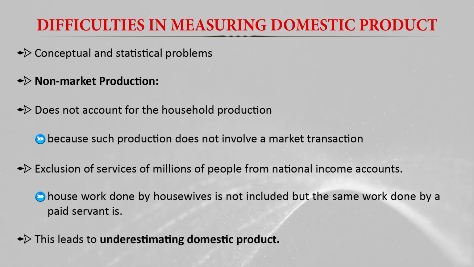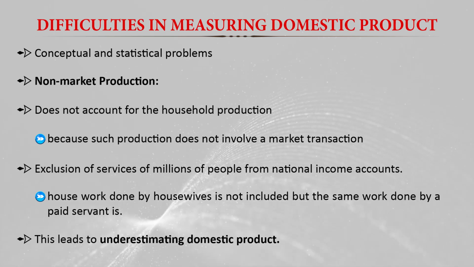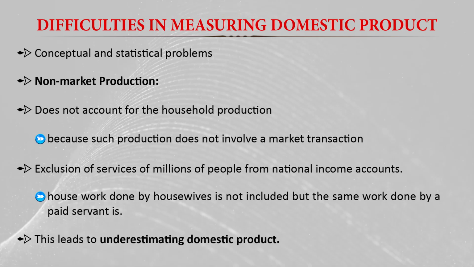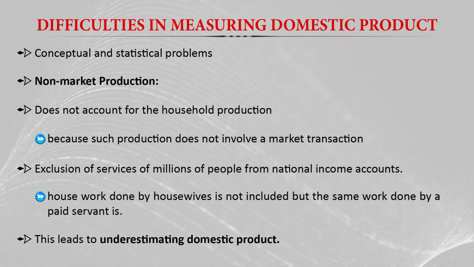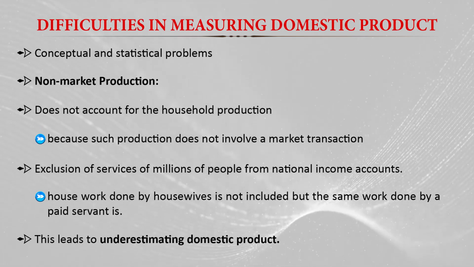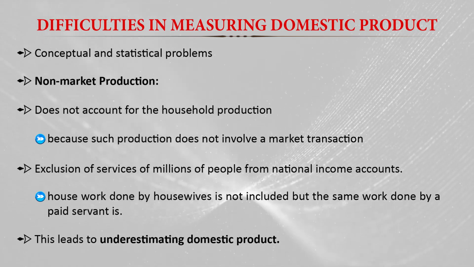This leads to underestimating domestic product. So we are underestimating the gross domestic product. Actually the gross domestic product is much more, but we are not able to count some of the production activity which is done in the country.